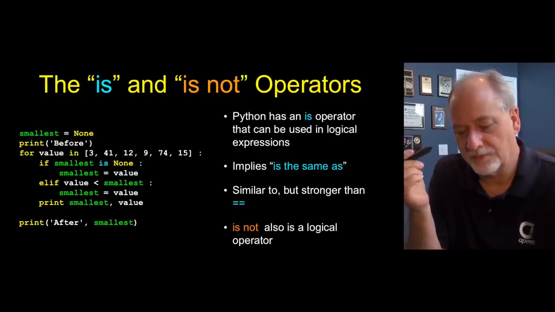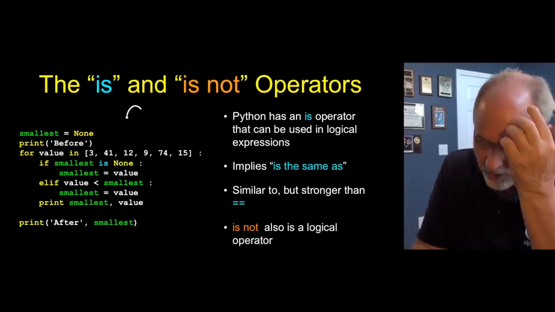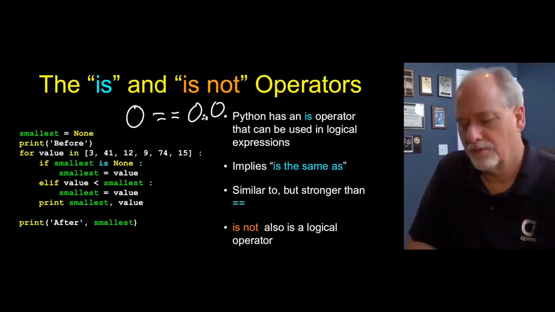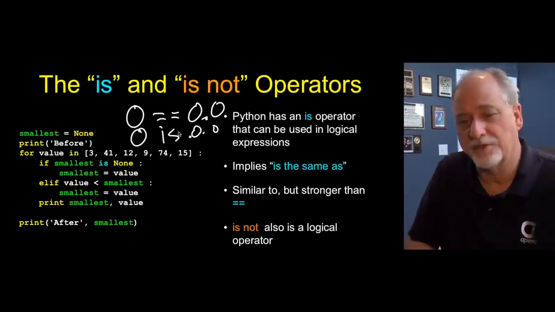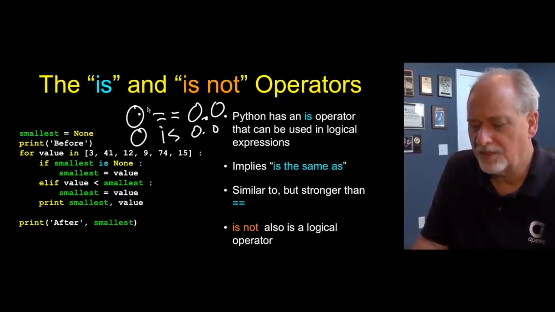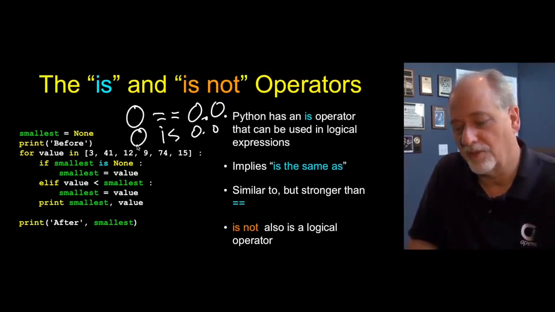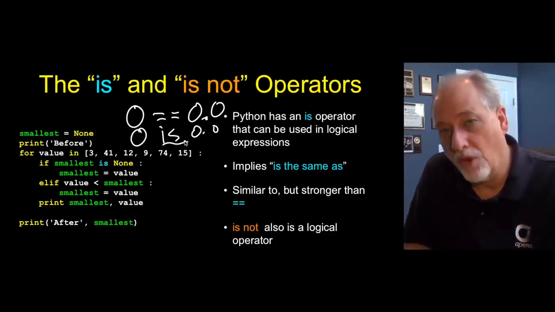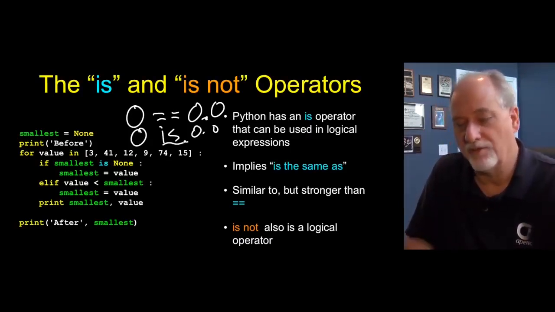Just as an example, if I were to say, is 0 equal to 0.0, it would say, yeah, that's true. But then if I say 0 is 0.0, that would be false. That's because these two are the same value-wise, and these two are not the same type-wise. So is is stronger than equals, meaning that it demands equality in both the type of the variable and the value of the variable, and no conversion is done.